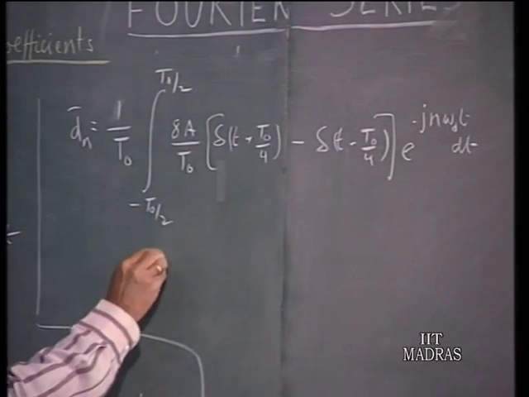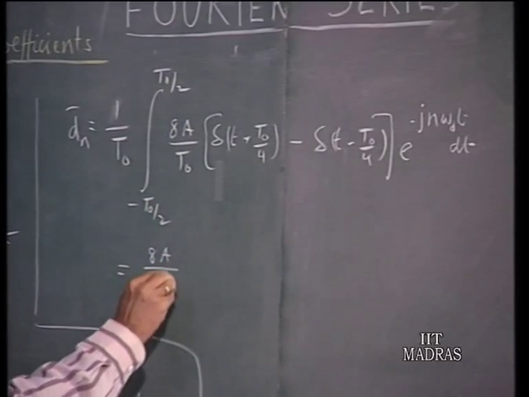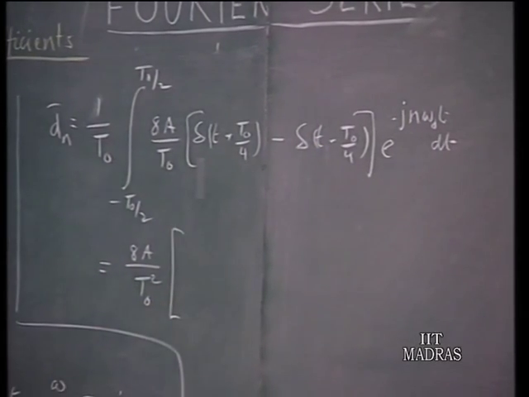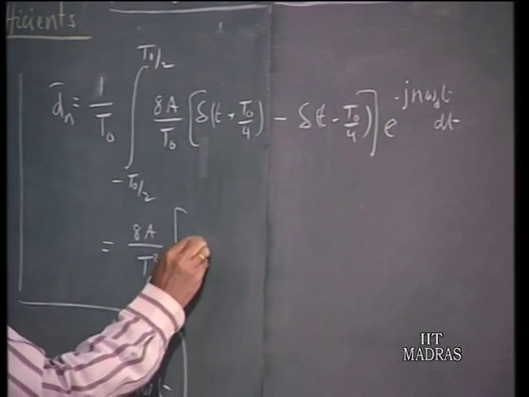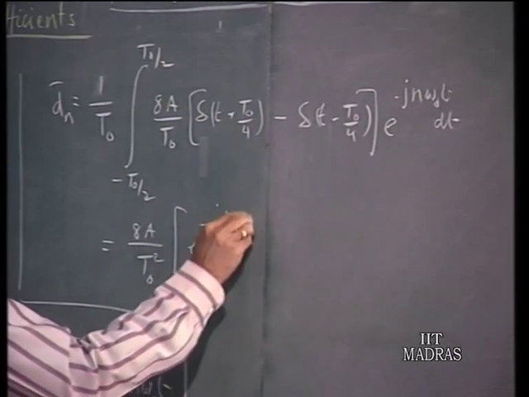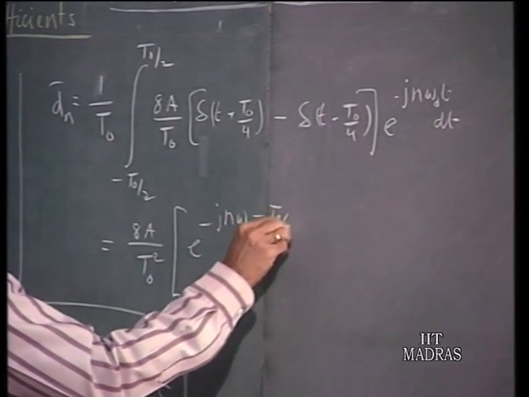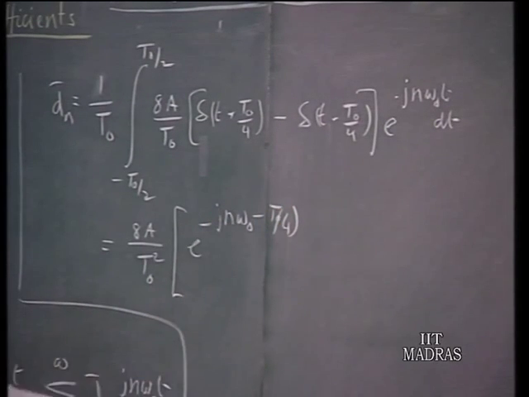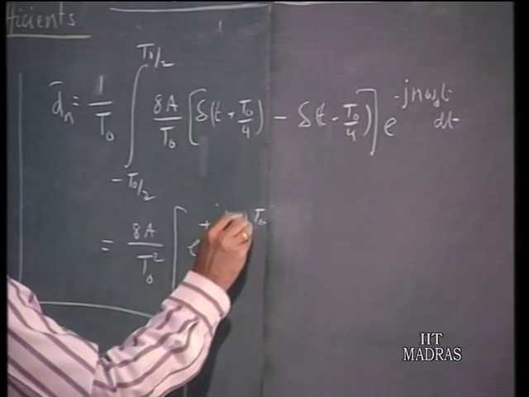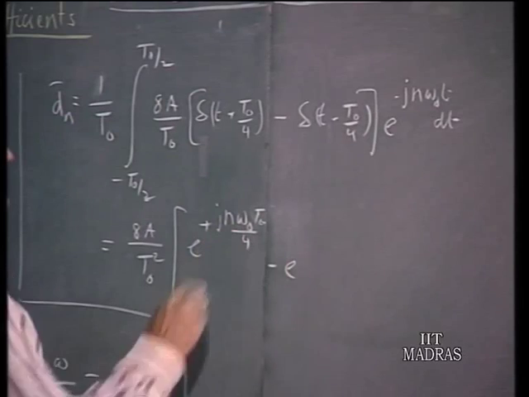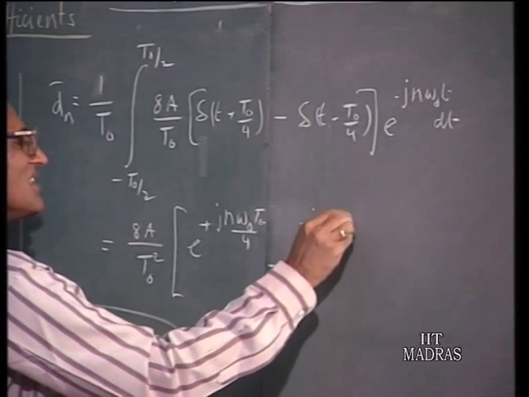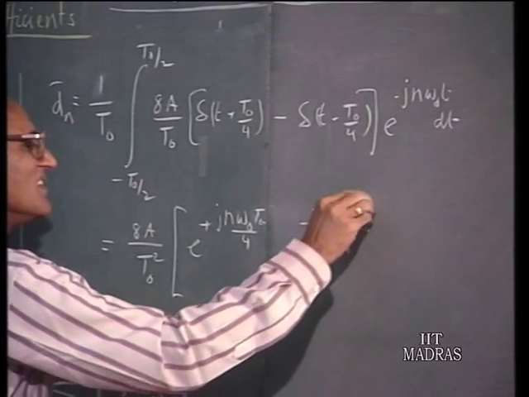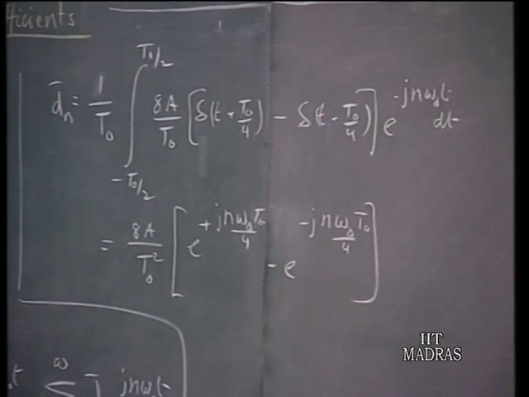So we have got 8a upon t naught squared. Now this delta multiplied by this is being integrated, therefore this will be e to the power of minus jn omega naught minus t naught upon 4, evaluated at t equals minus t naught upon 4, that means plus t naught upon 4, minus e to the power of minus jn omega naught t naught upon 4.